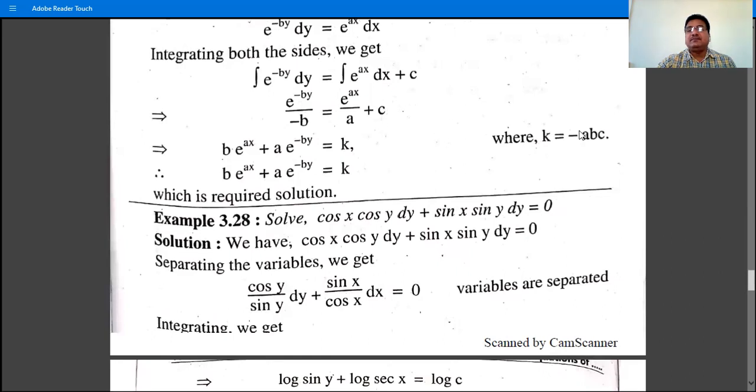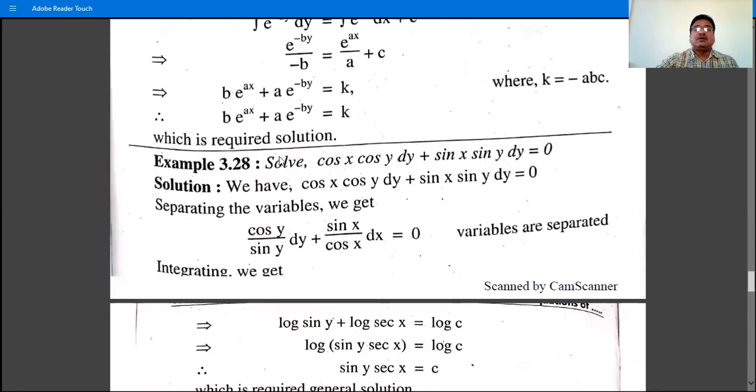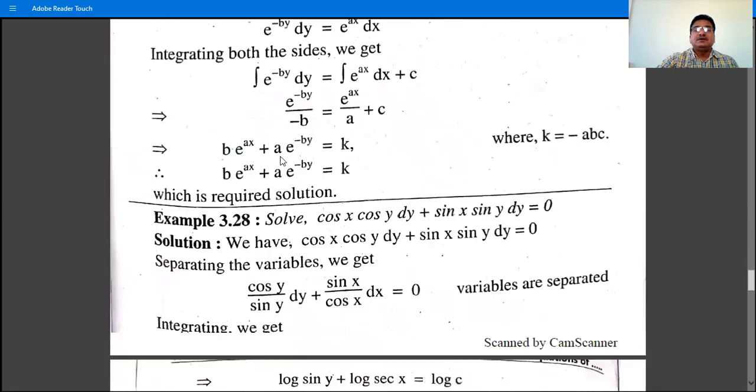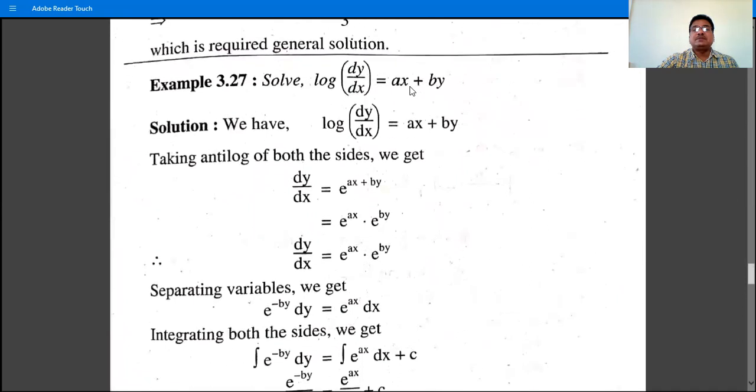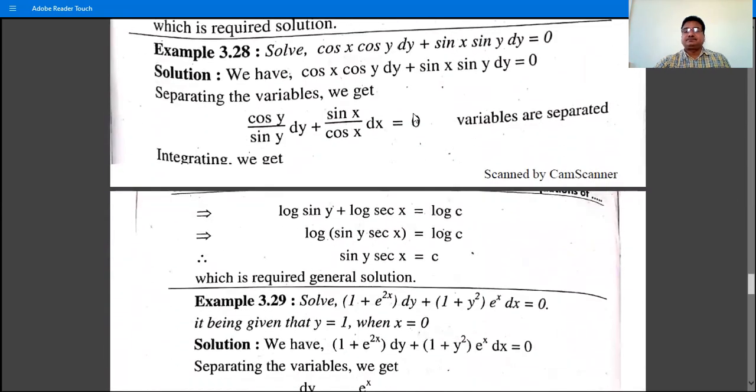Suppose k is minus abc, multiplying by minus ab throughout, we have this answer. So this is the general solution or required solution of the given differential equation. So again, this is the example of variable separable form, type 1.